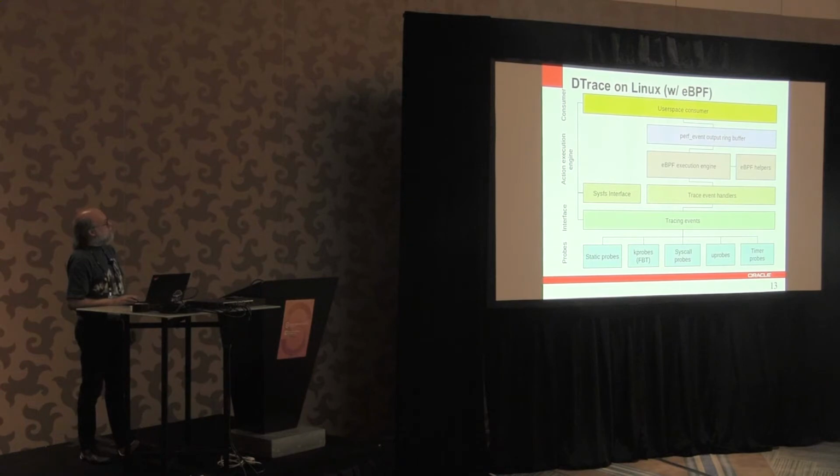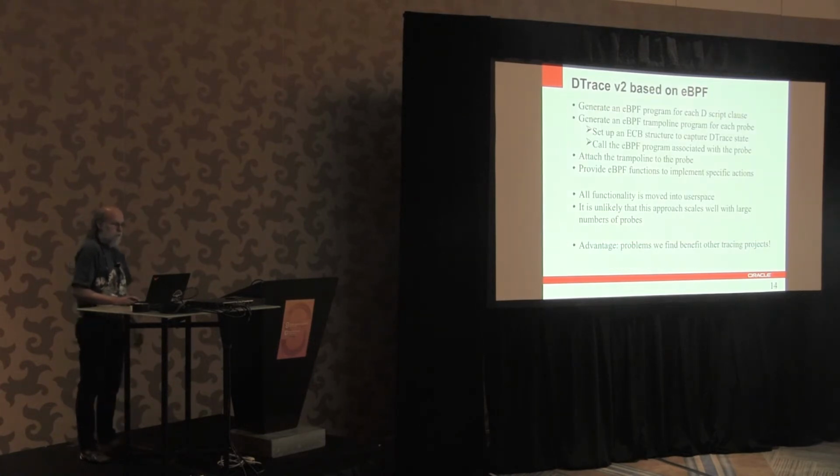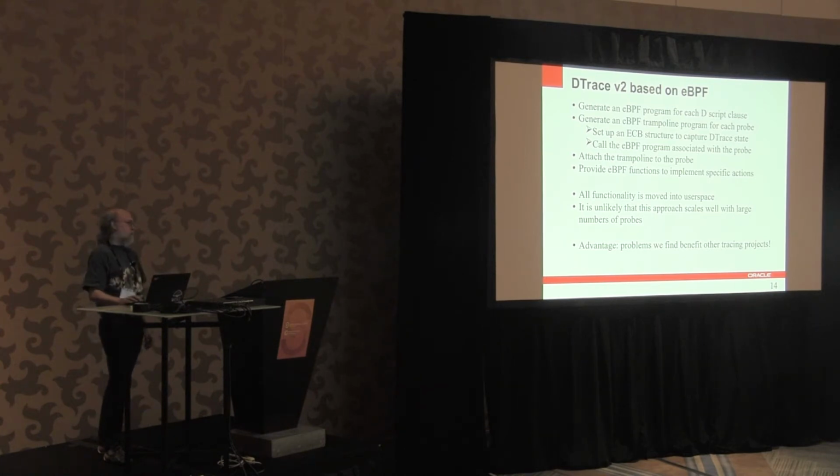So the design is literally going to be: at the very top, the user space is what is DTrace. Everything below it is currently already in the kernel, existing features in the kernel. Like I said, I think some people are going to have to make some contributions, but that is the general idea. So instead of doing this whole complex thing with clauses, we're just going to generate eBPF programs.